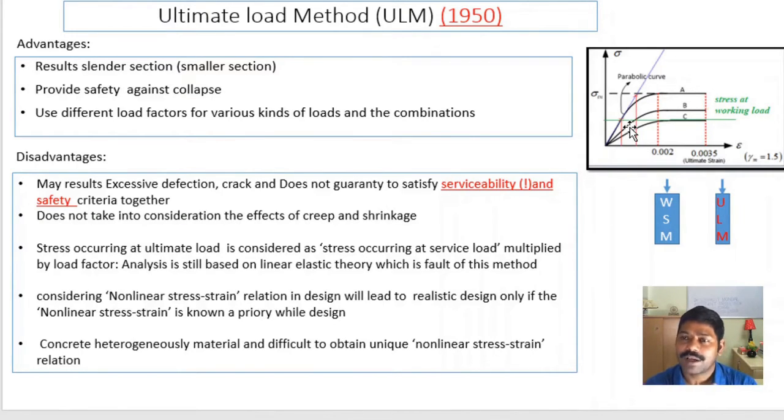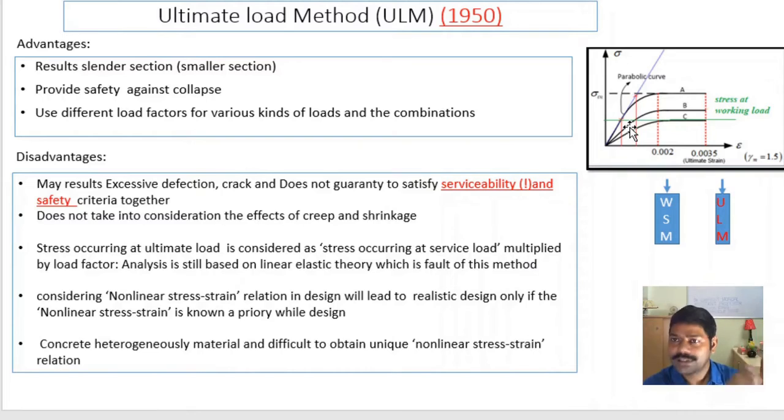But at the same time, the stress also reaches the non-linear zone. So you can see there are some flaws. First we are calculating the stress under working load, and then we multiply it to get the stress under ultimate load.